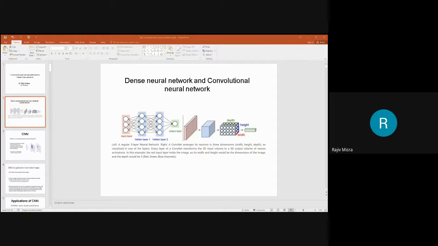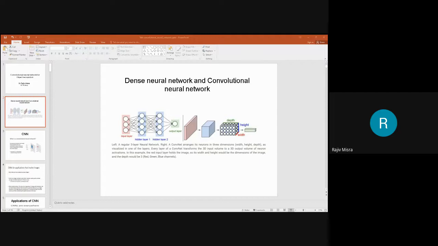Hello. Okay, so let us see the applications of convolutional neural networks. Convolutional neural networks are there everywhere. The applications include image retrieval, object detection, self-driving cars, semantic segmentation, face recognition, pose estimation, disease detection, speech recognition, text processing, and analyzing satellite data.